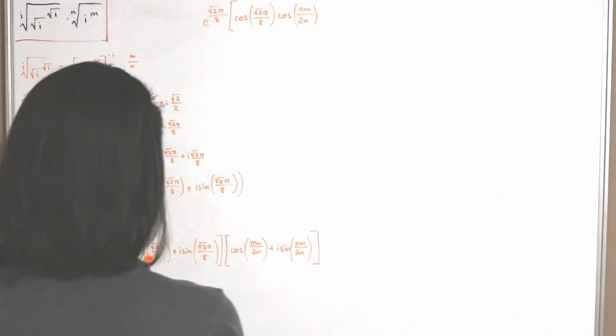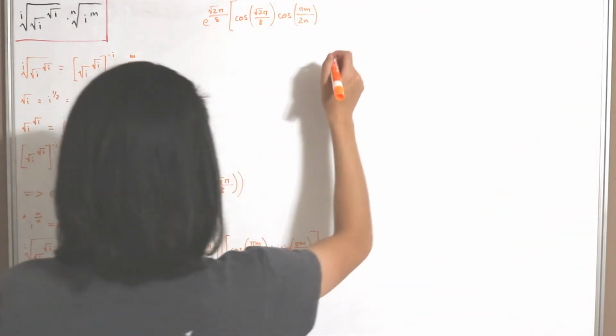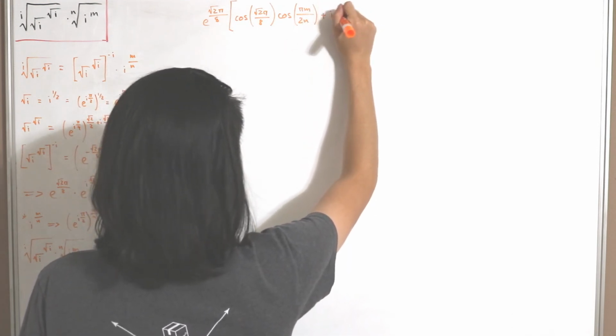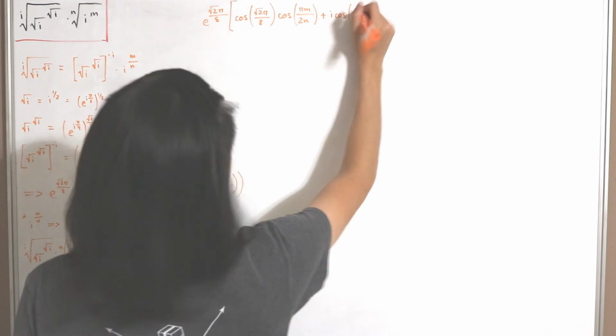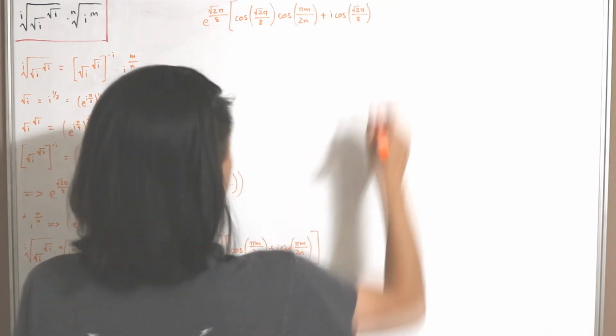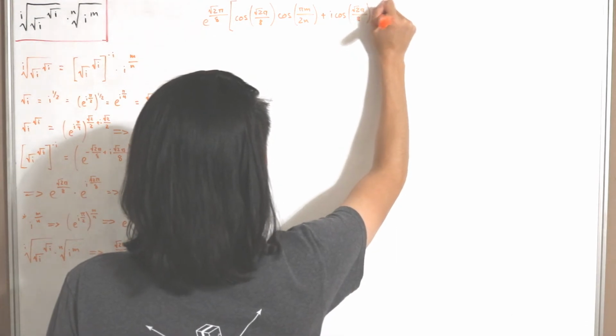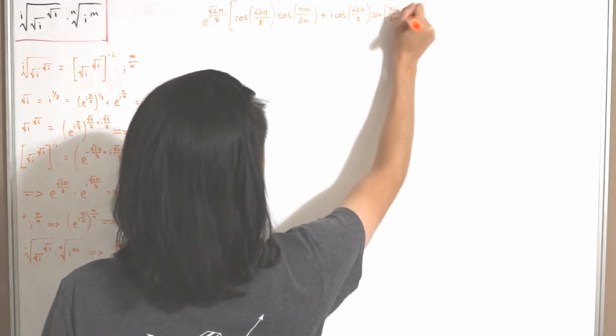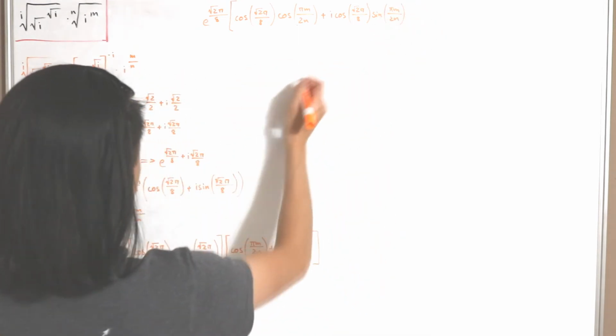Next is doing the outside, so we have plus i times cosine of square root of 2 pi divided by 8 multiplied with sine of pi m divided by 2n.